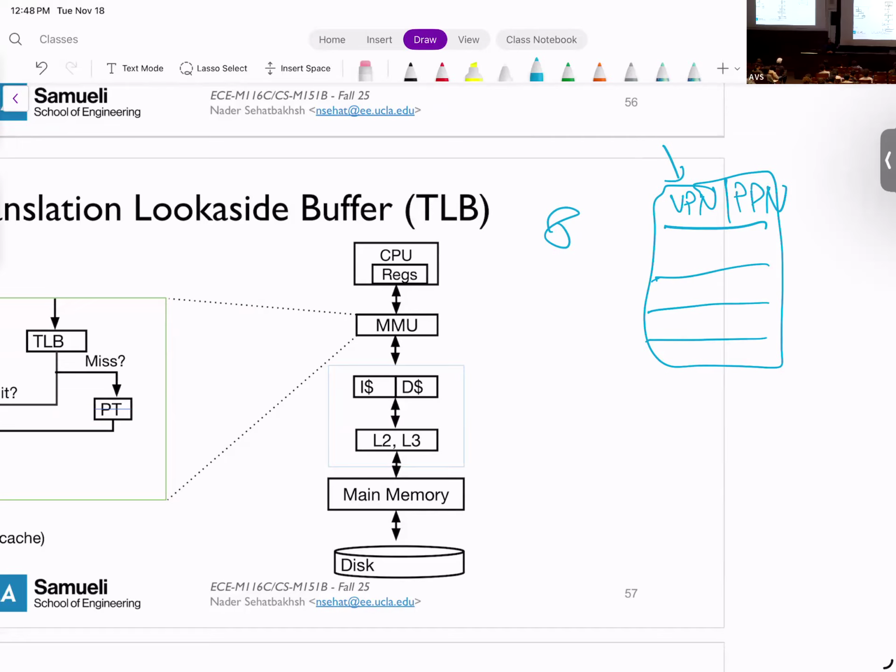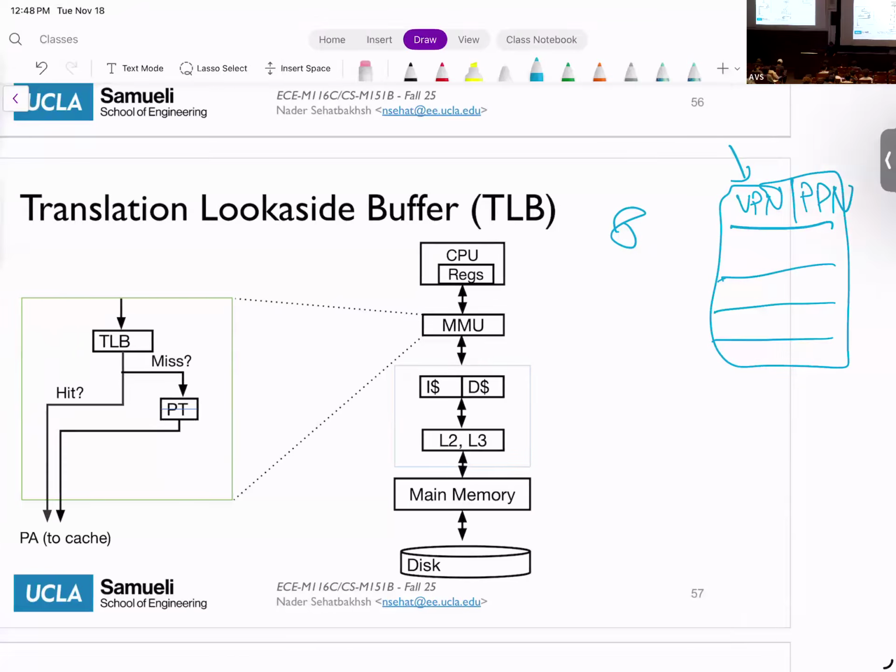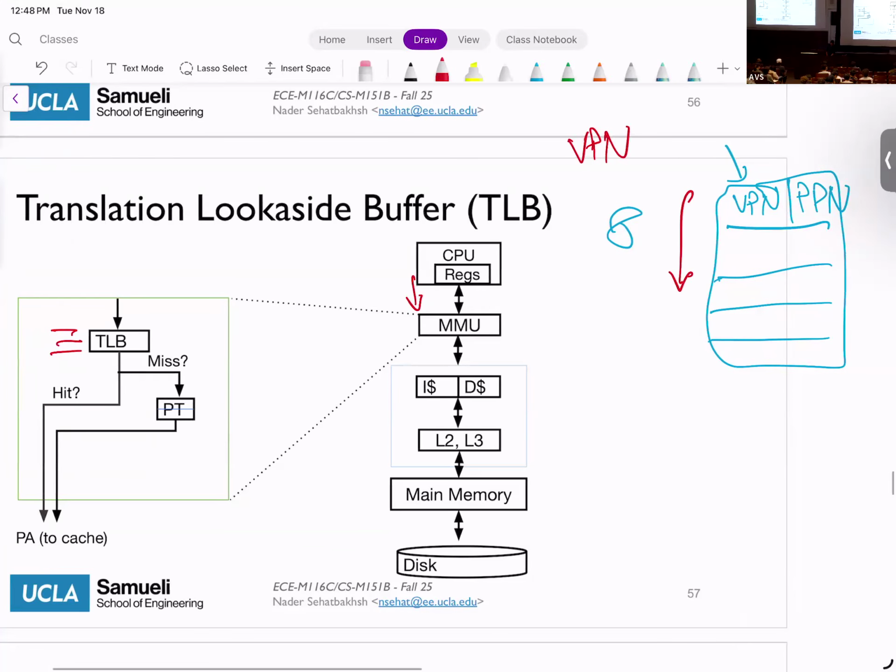Next time I have an access, I first search through this TLB, okay? So the access that comes from the CPU, the first thing you do is look into your TLB. You see, for this given VPN, do I have a recent translation for it? So I search through the TLB and see whether I have a VPN-PPN match.